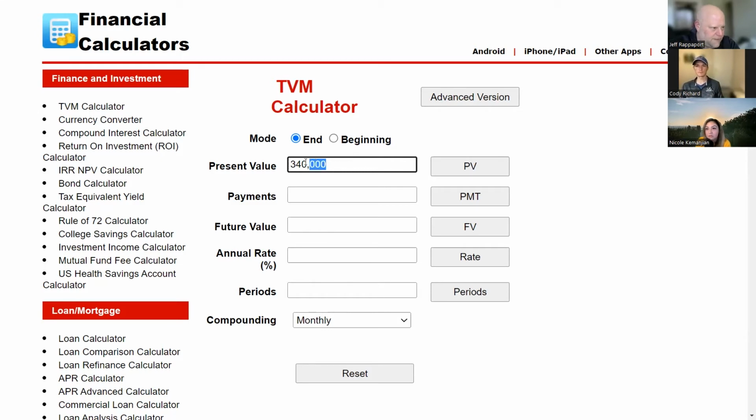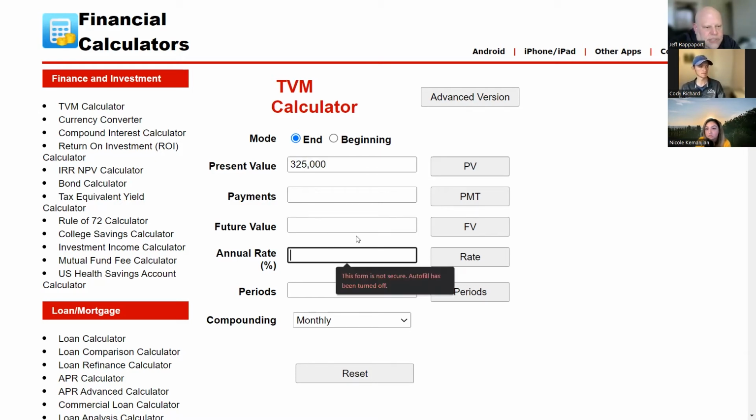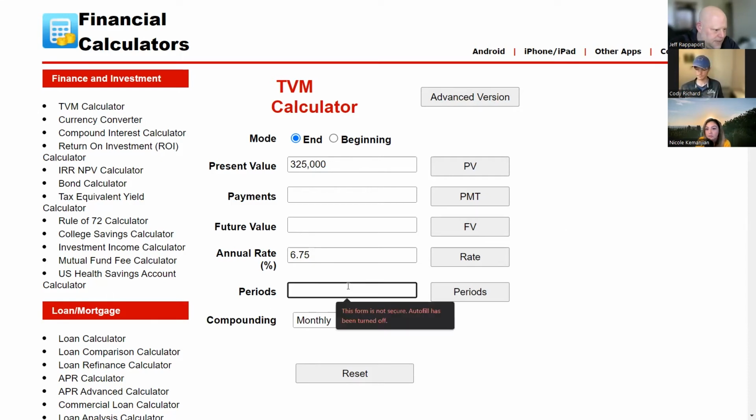So we're going to finance 325. And hey, what would someone be able to go to the bank and get a loan for right now? Let's say best case scenario, 6.75%. That is my best. I think you really have to have good credit to even get that rate right now. On a 30-year loan, right? So let's see what the payment would be.